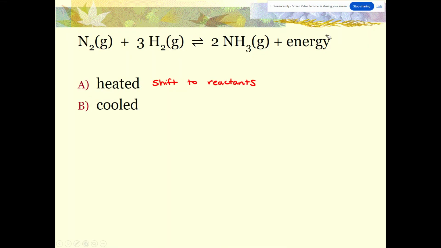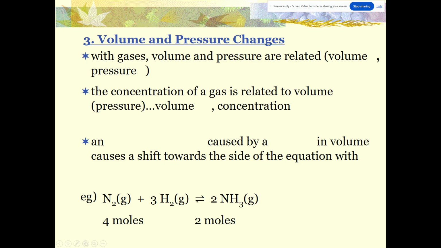Now instead, if I cool this system, I am removing a product. I'm removing the energy. So again, when you remove something, it shifts to the same side. So it's going to shift to the products. Okay, so treat energy like a substance in the reaction. And again, like before, when you add something, it shifts to the opposite side. When you remove something, it shifts to the same side.